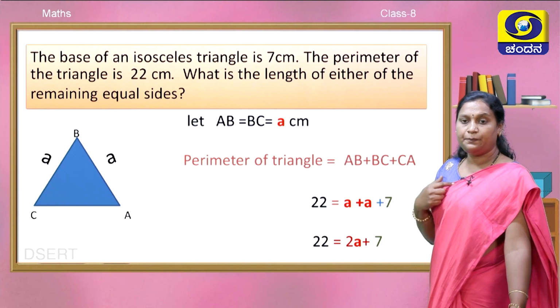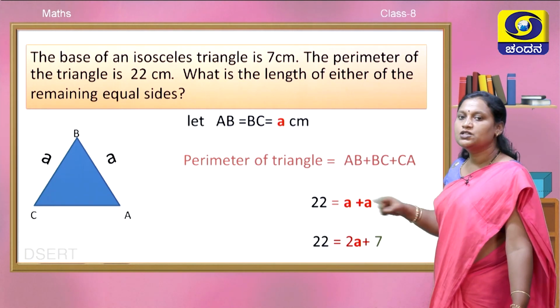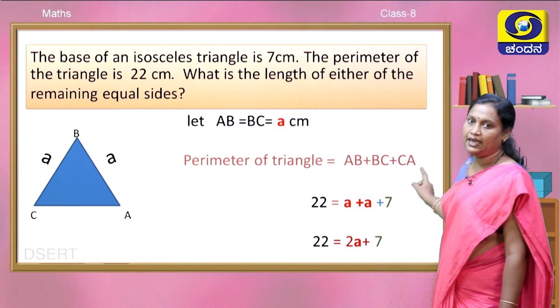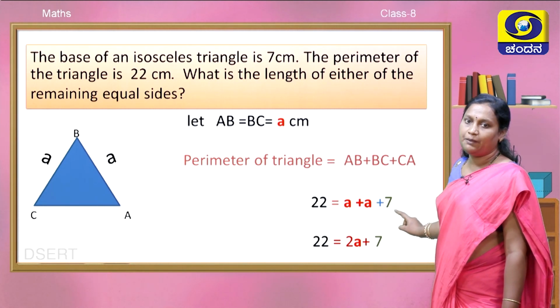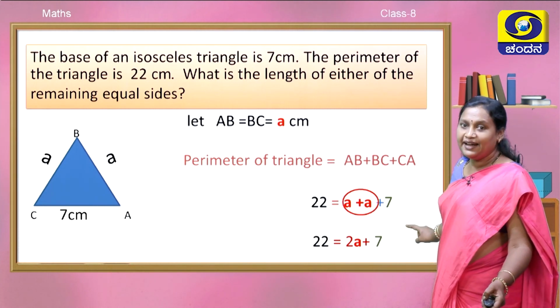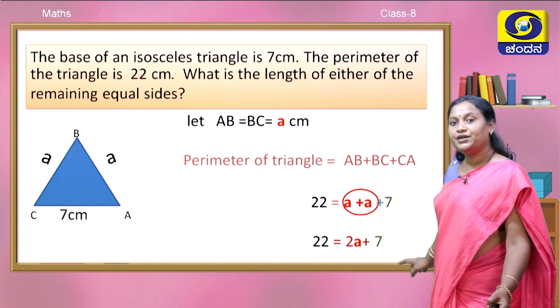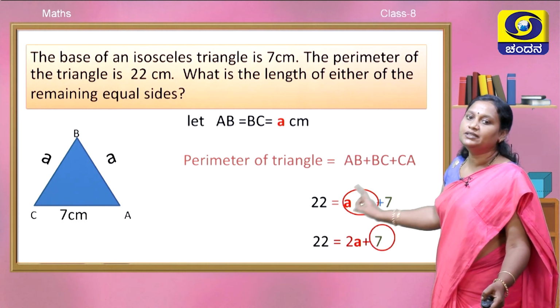Now, I know what is the perimeter of a triangle. It is the sum of all sides. So, I have just written it as AB plus BC plus CA. If I substitute, 22 is equal to A plus A plus 7. When I add A and A, it is 2A. Now, what should I do? I should transpose 7 to the LHS.